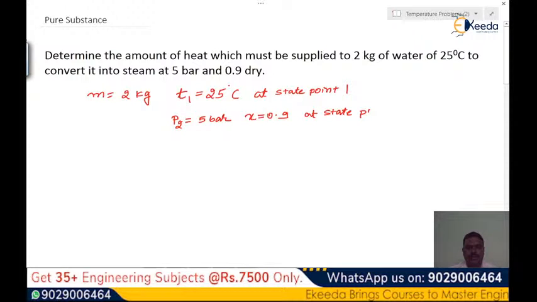Let's see how exactly this works. For that, let's draw a temperature versus enthalpy diagram, TH.